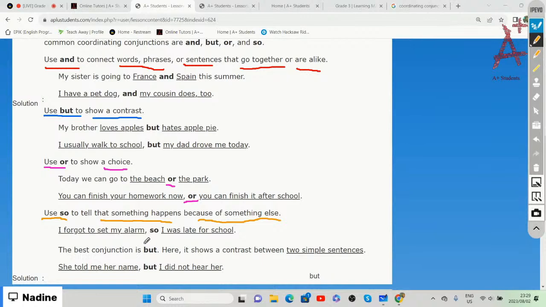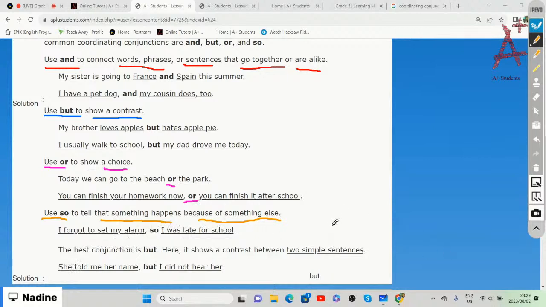So the word so connects the two sentences: I forgot to set my alarm and I was late for school. So is a word that connects two simple sentences.